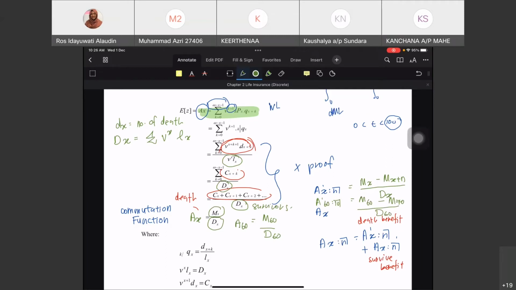So I will show you the life table, the illustrative life table, the same life table that we use in chapter 2. So far, do you have any question?